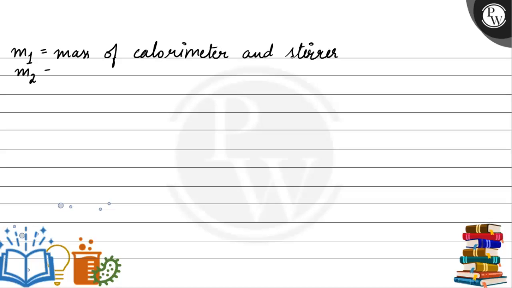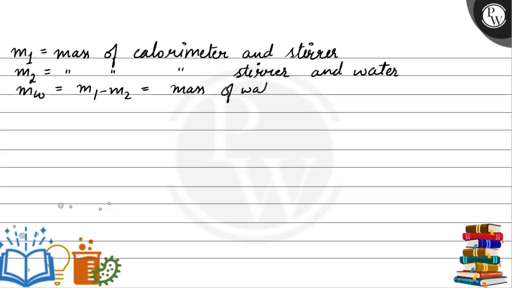The mass 2 here is the mass of calorimeter, stirrer and water. Then MW is mass 2 minus mass 1, that is the mass of water only.